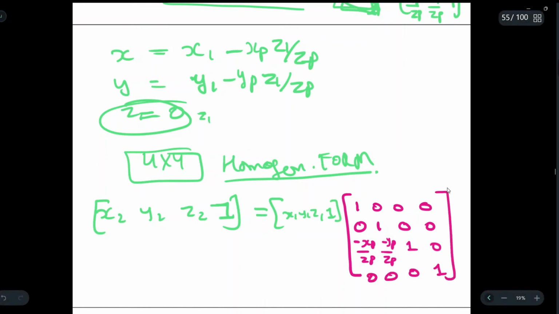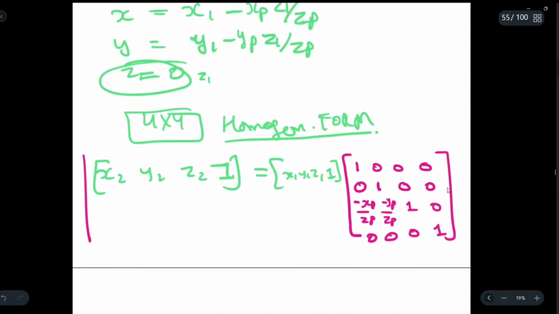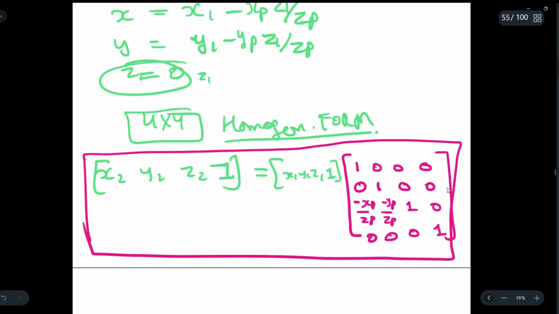On doing so, you will get the final homogeneous matrix. So this is the homogeneous coordinate form.